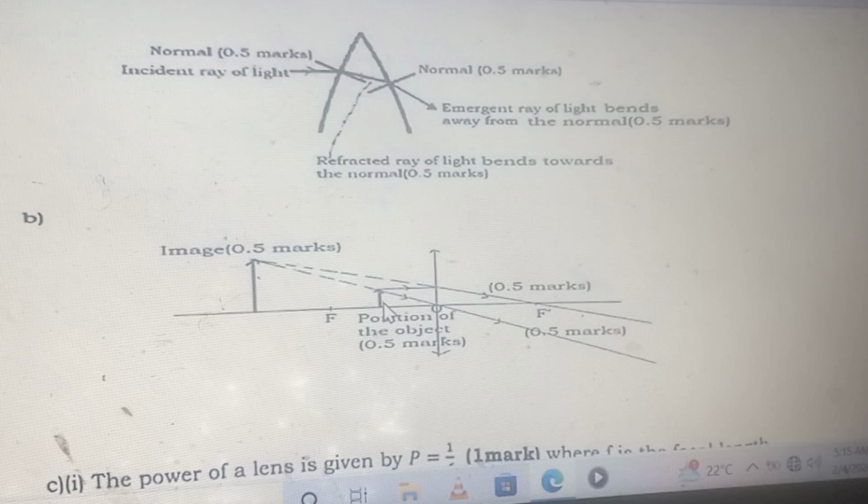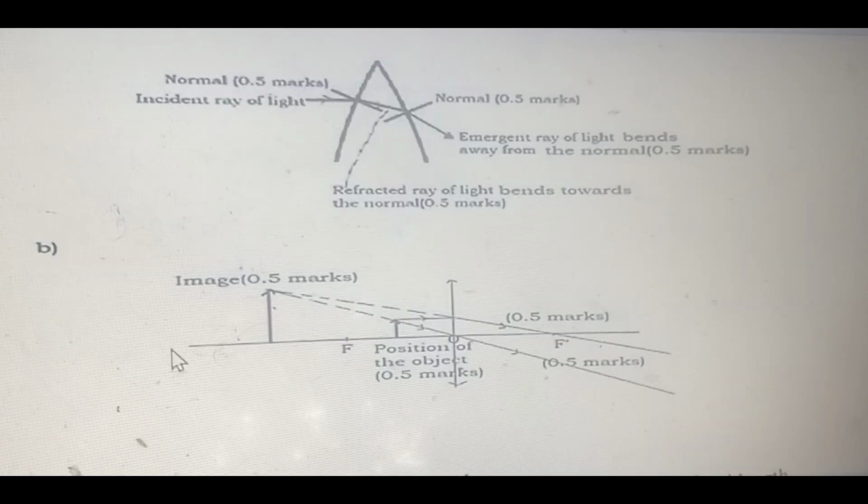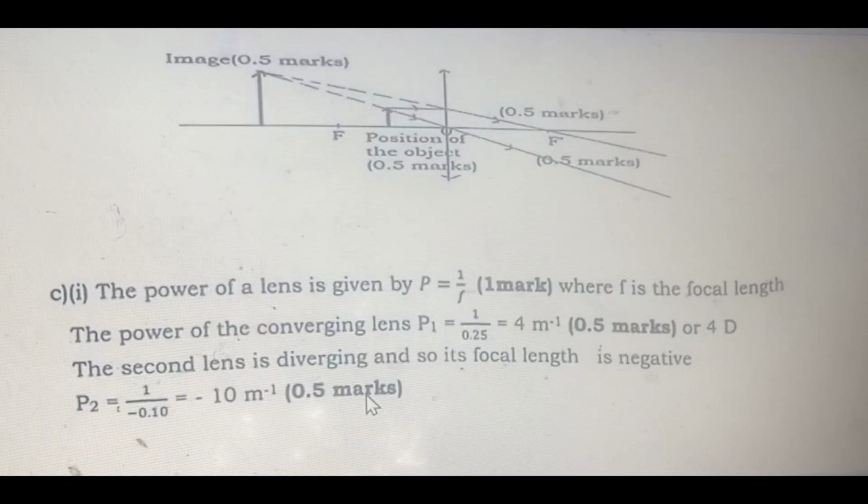And also we use the light ray that passes through the focal point. On question B, in order to get a virtual image, you must put the object between the optical center and the focal point and use all instructions and three rays to make the image. C.